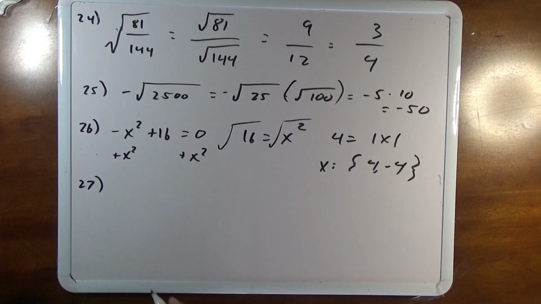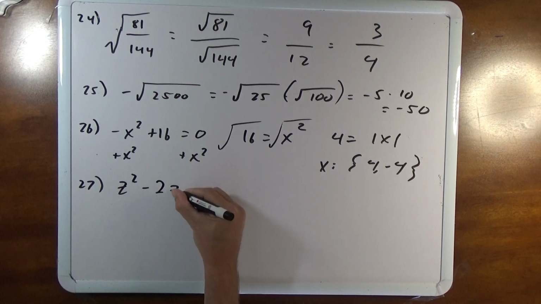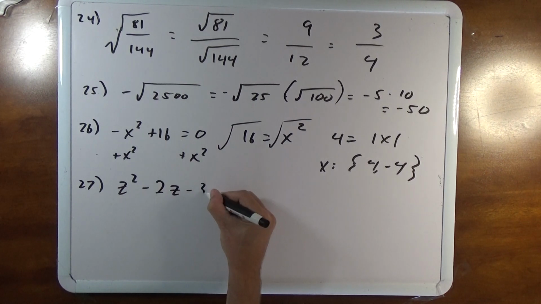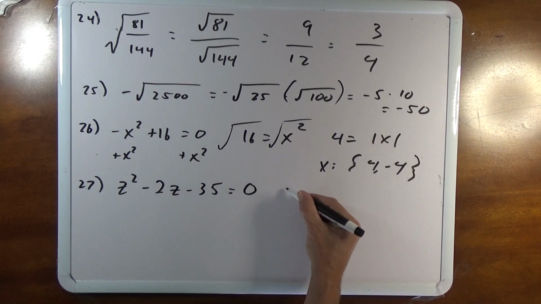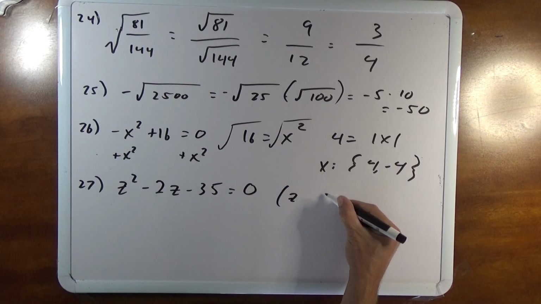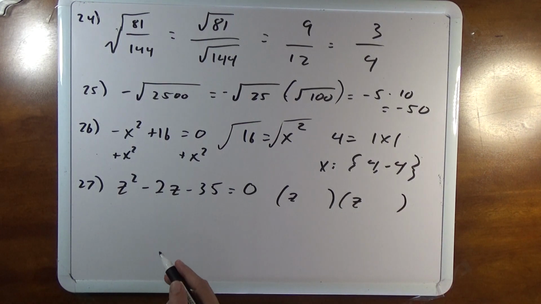27. Solve by factoring. These are z's. Z squared minus 2z minus 35 is equal to 0. So this is z, another z. So it factors to two binomials.